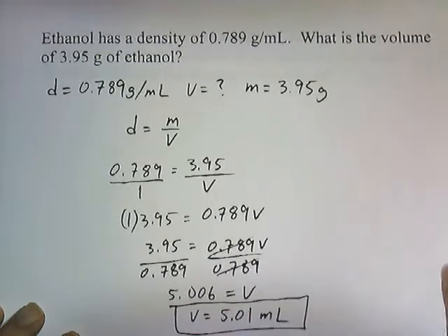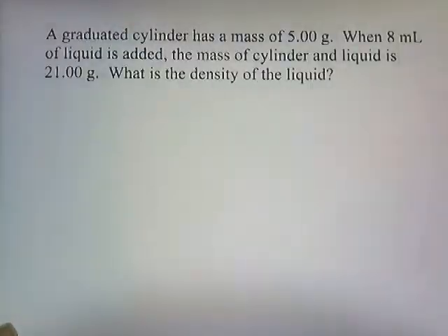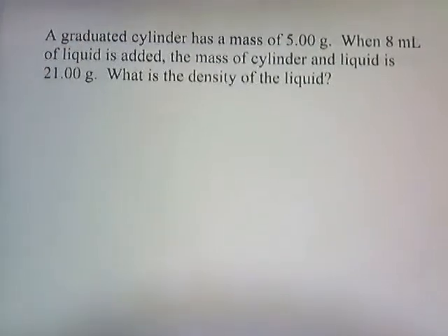Okay, now those are the simpler ones. Let's do one that's a little bit more complicated. A graduated cylinder has a mass of 5 grams. When 8 mils of liquid is added, the mass of the cylinder and liquid is 21 grams. What is the density of the liquid? Okay, well, here's what's going on. You have an empty graduated cylinder, and I'm going to move the camera a little bit so we can see this better.